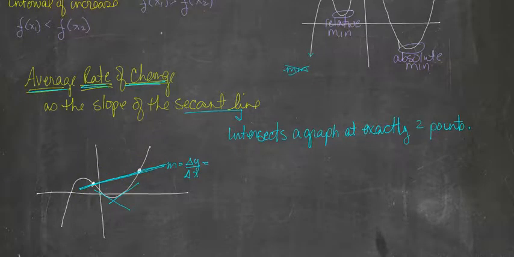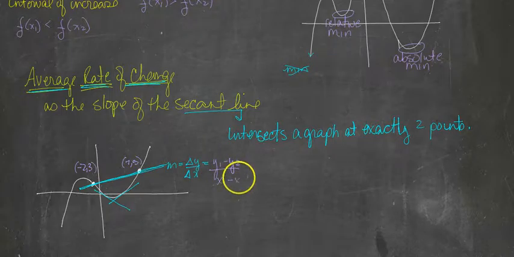So let's give our points some values. Okay, and now it's exactly back to Algebra 1. Change in y over change in x is y2 minus y1 over x2 minus x1. Let's call this P1 and this P2.